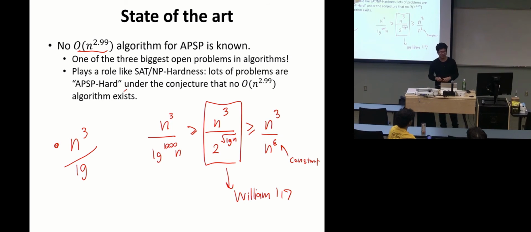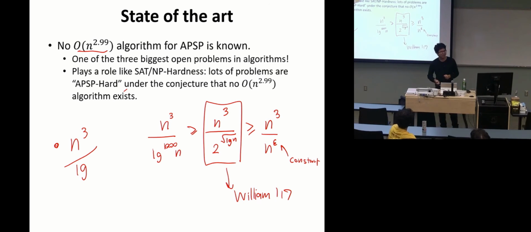Why? Because it plays a role similar to SAT and NP-hardness. That is, if you can solve SAT fast in polynomial time, then there are literally 10,000 other problems you can solve in polynomial time too.